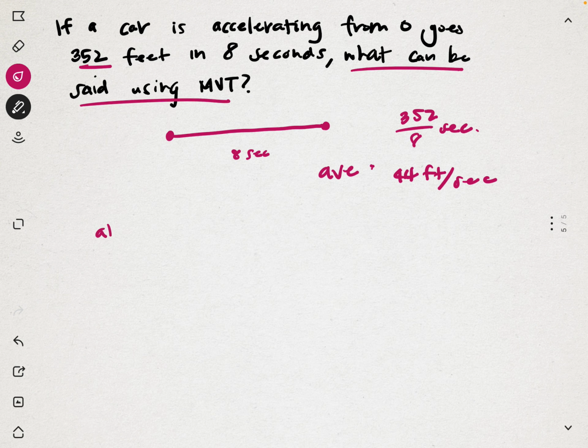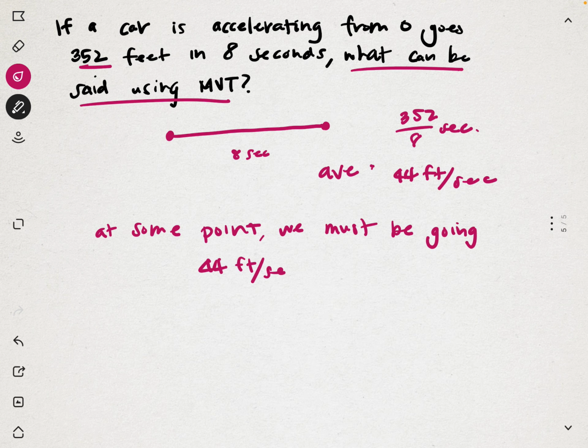So at some point, we must, or the car must have been, going 44 feet per second.